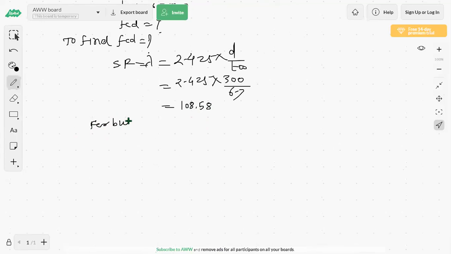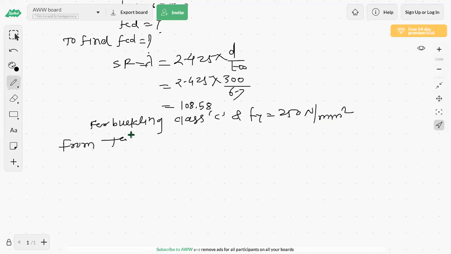Now for buckling class C and Fy equal to 250 Newton per mm square, from table number 9C, page number 42, IS 800, calculate lambda and FCD values.